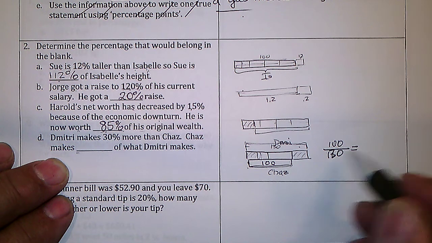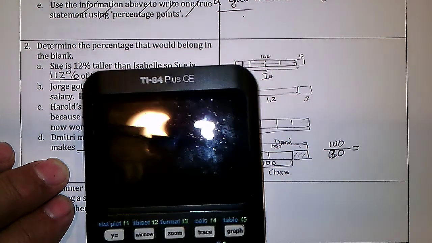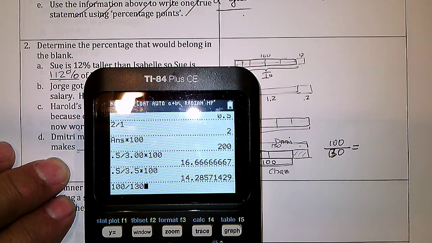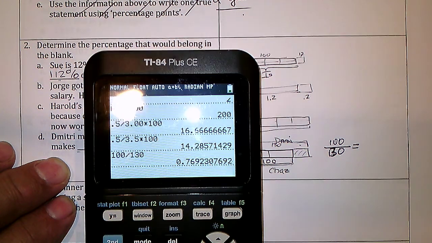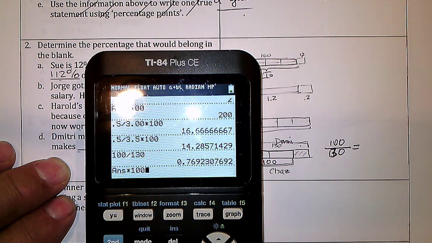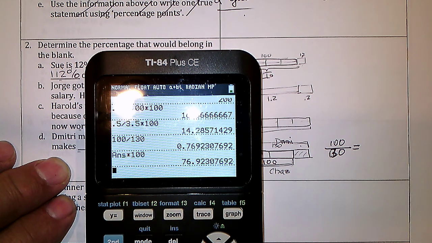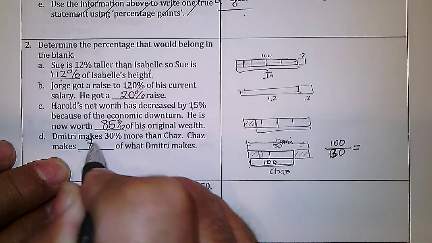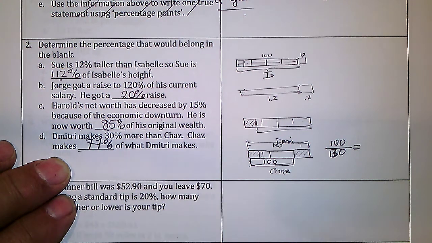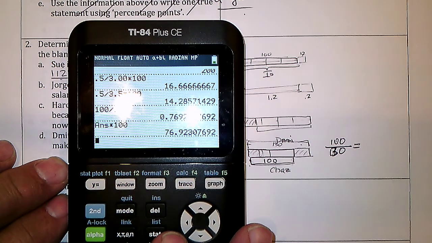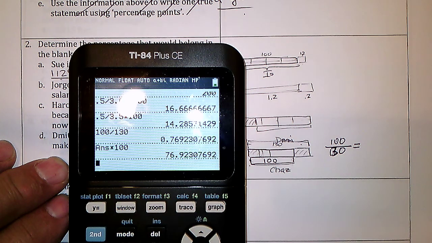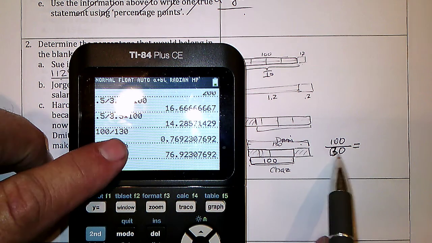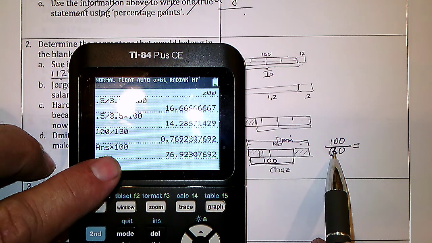So what's that work out to be? 100 divided by 130 times 100 to make it a percent, 77%. Take 100 divided by 130, then make it a percent.